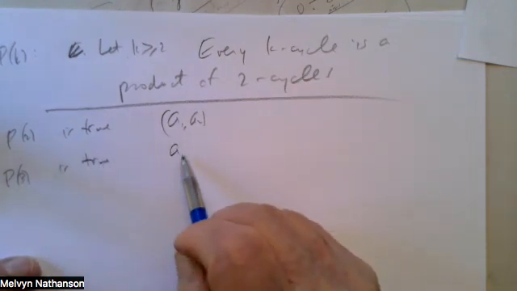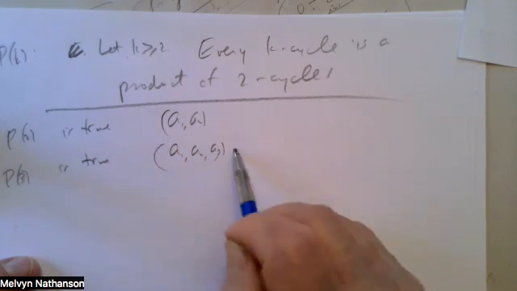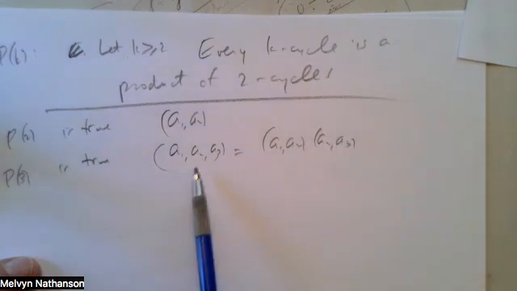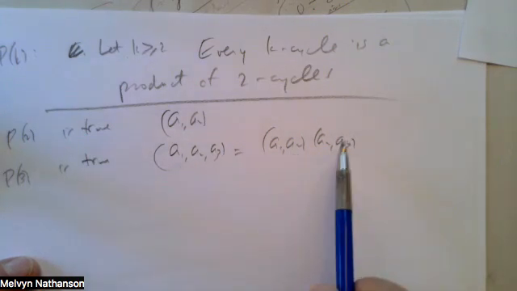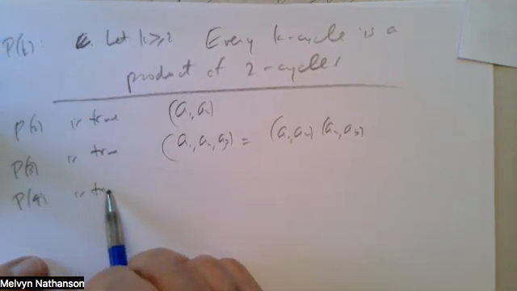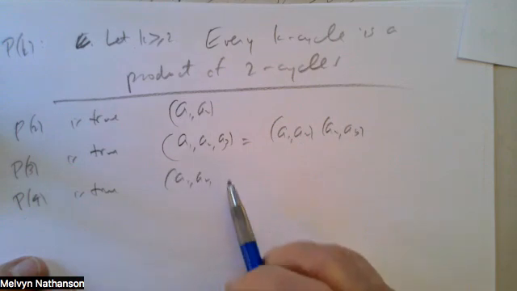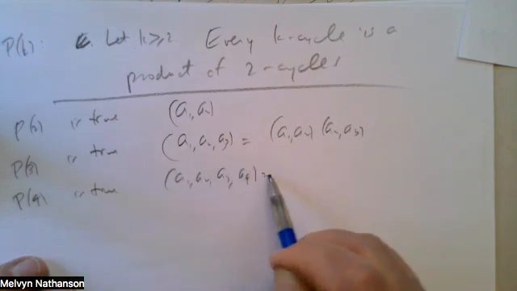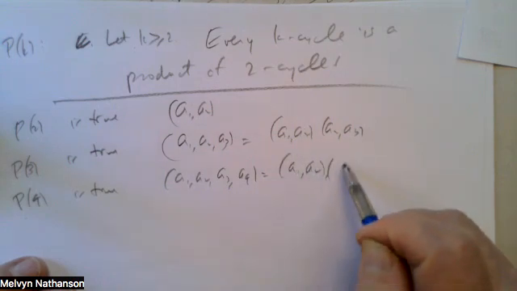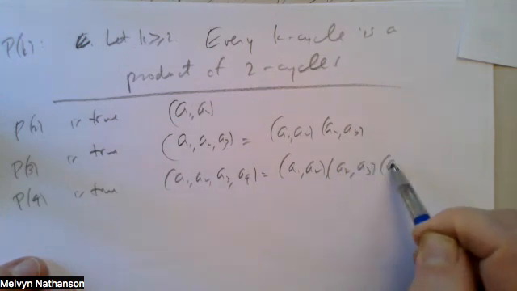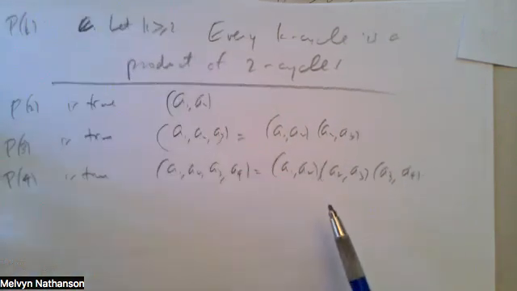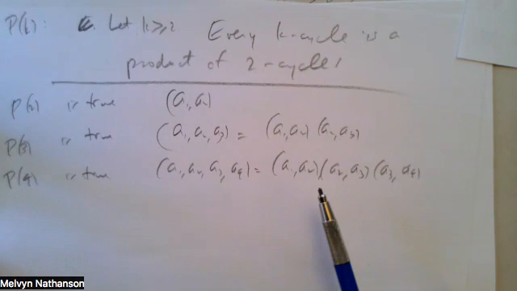In fact, I showed that (A1 A2 A3) is equal to (A1 A2)(A2 A3). So this 3 cycle is a product of 2 cycles. And I proved that P of 4 is true. I showed that (A1 A2 A3 A4) is a product of three 2 cycles: (A1 A2)(A2 A3)(A3 A4). So this proposition is true for K equal 2, 3, and 4.